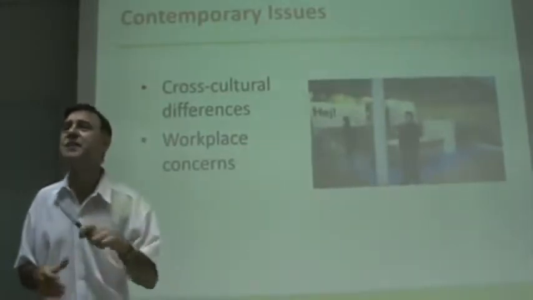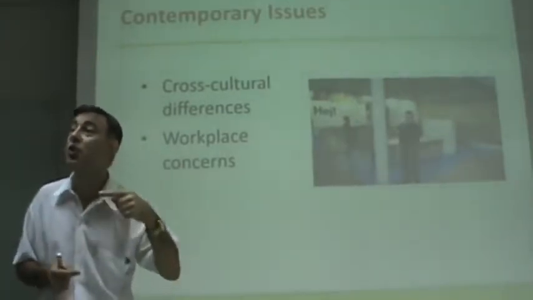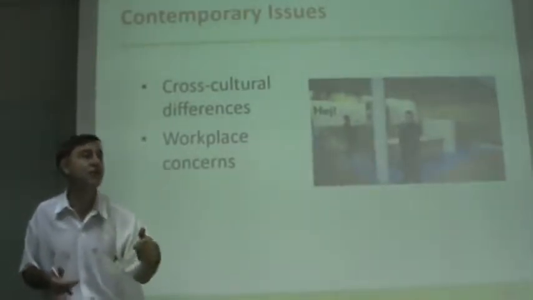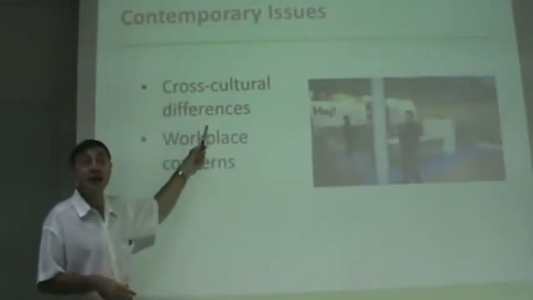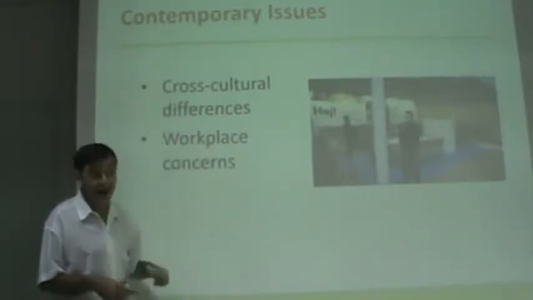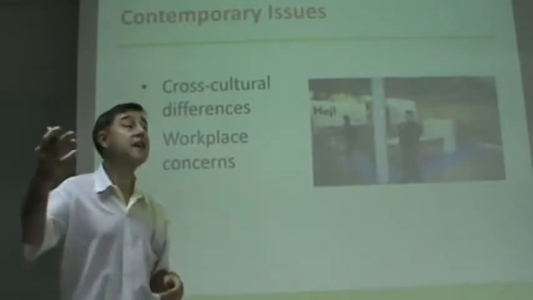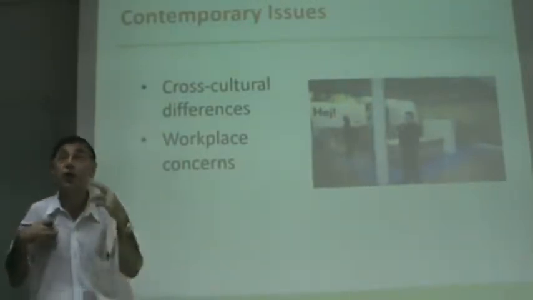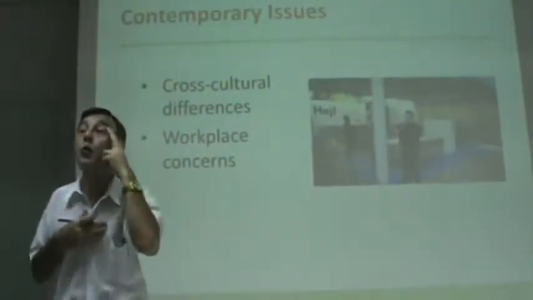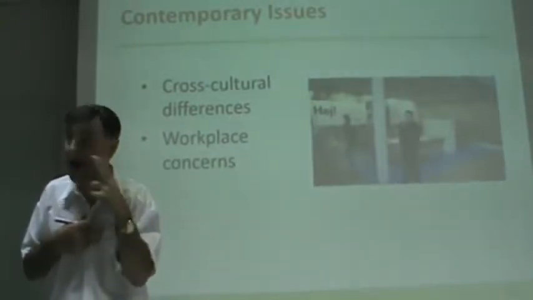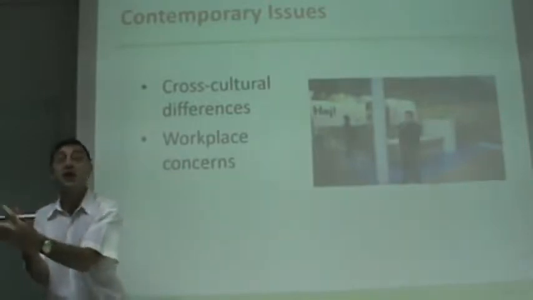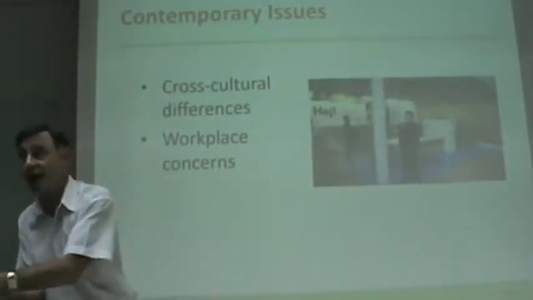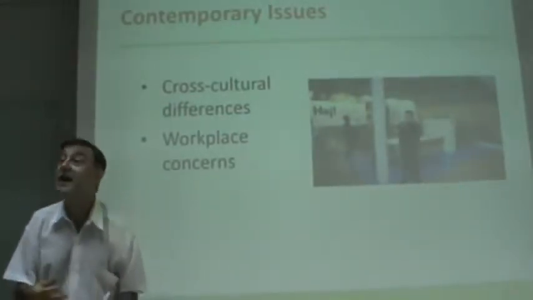Number 1, and that's been going on throughout this whole course for practically every single chapter, is cross-cultural differences. At least you got some exposure to Western people, how we think, how we behave, how we analyze. Again, I'm not saying it's right or wrong, but it's exposure.